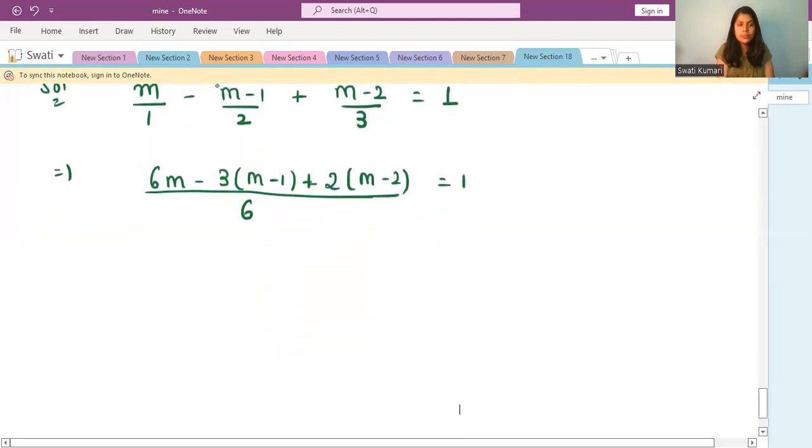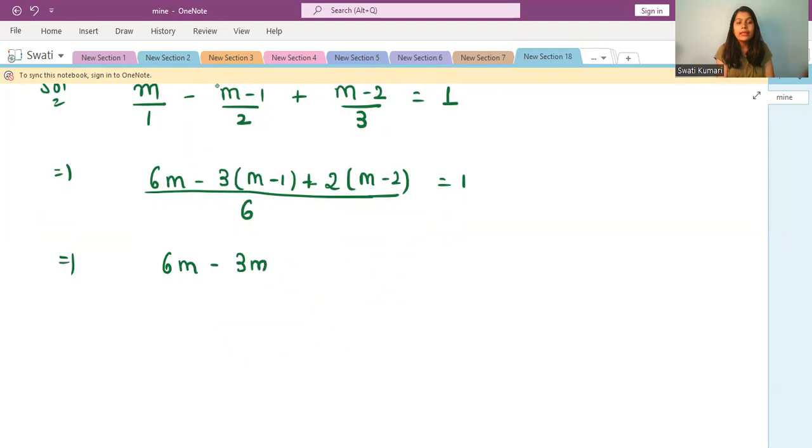All right. And now this is 6m as it is, minus 3 into m is 3m. And of course, because we have a negative sign here, once you remove the bracket, this will become plus 3 into 1 is 3. Minus minus is plus. Plus 2 into m is 2m. Minus 2 into 2 is 4.